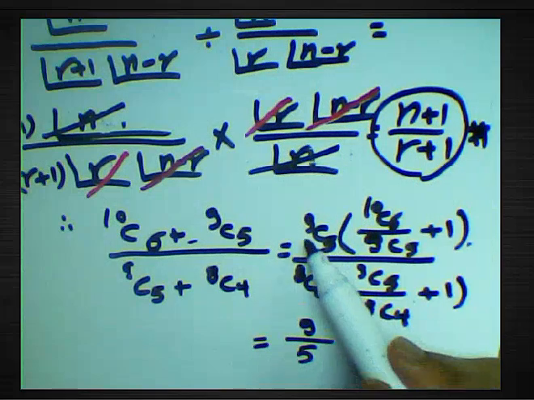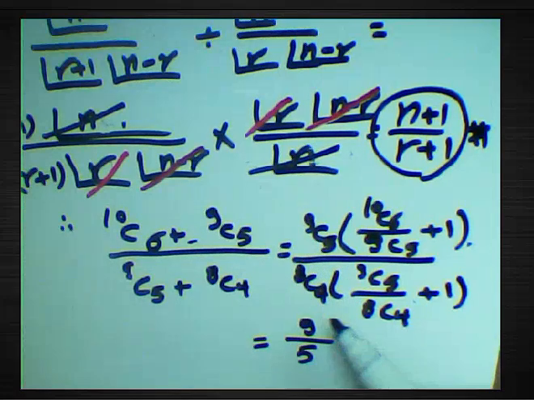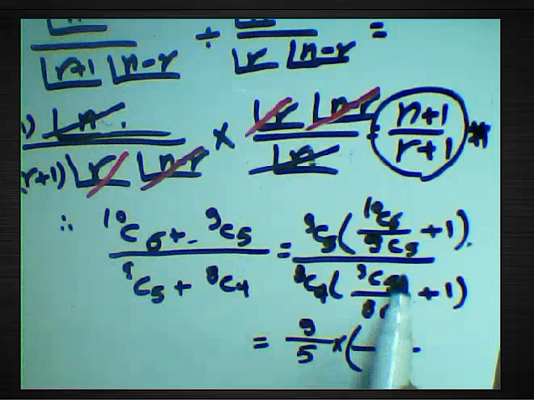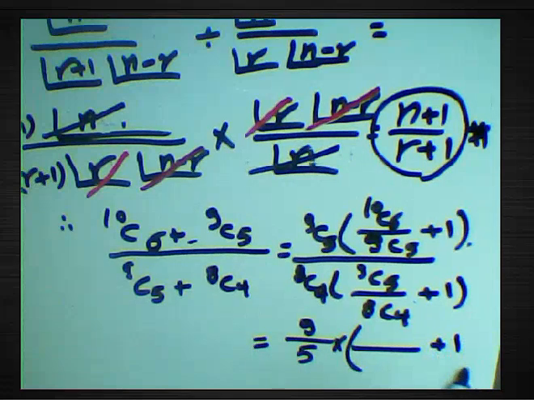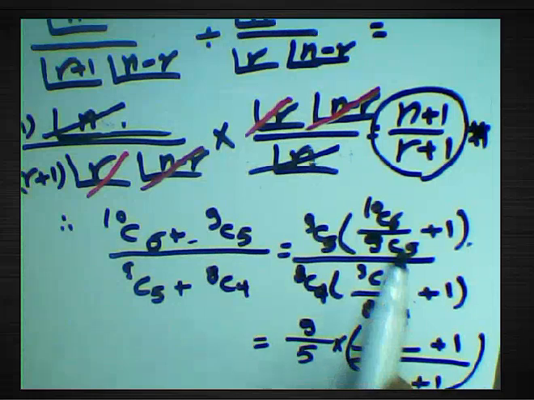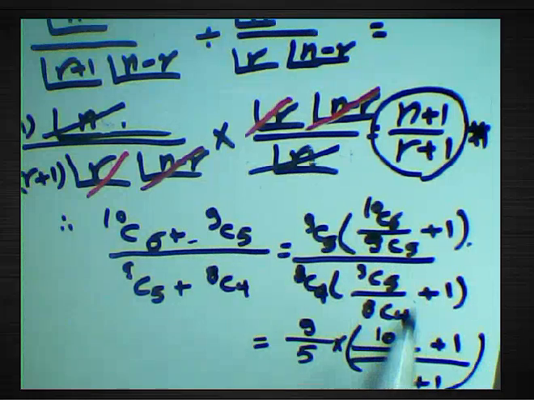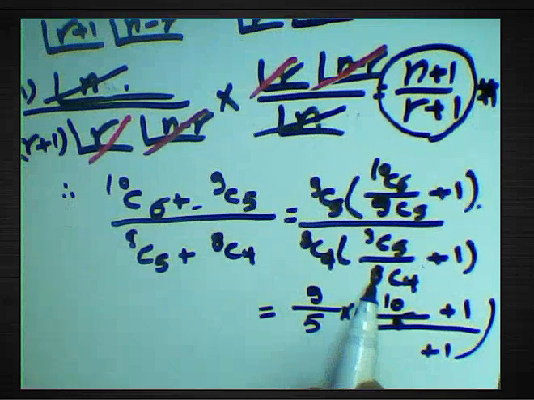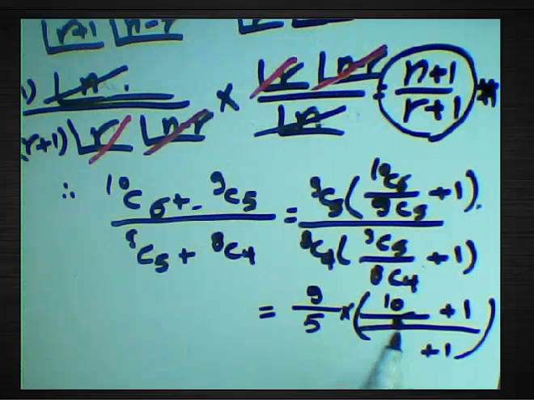If we have two consecutive combinations, 9 combination 5 and 8 combination 4, we add 1 to the top: n plus 1 equals 9 and r plus 1 equals 5. Multiply the result here plus 1 over the result here plus 1. Here 9 plus 1 equals 10 over 5 plus 1 equals 6, and here 8 plus 1 equals 9 over 4 plus 1 equals 5.